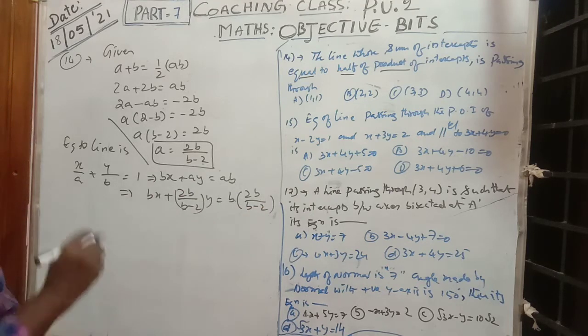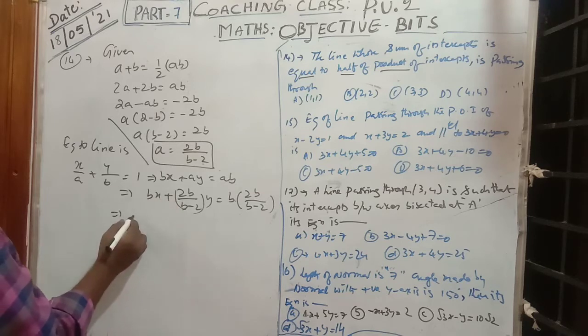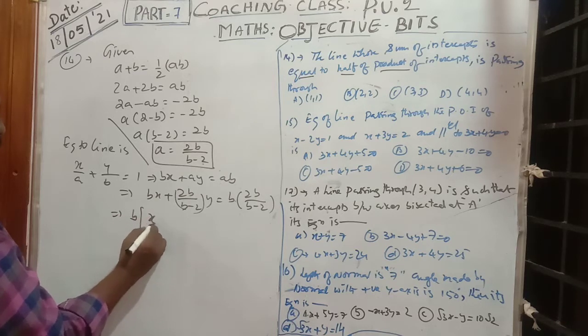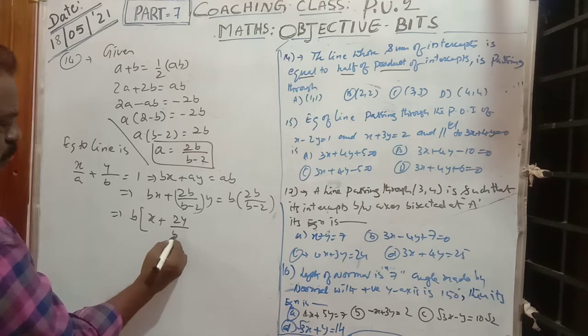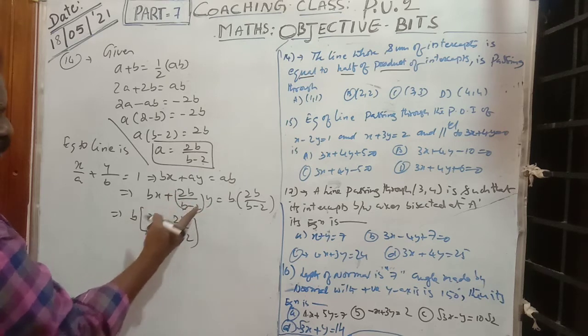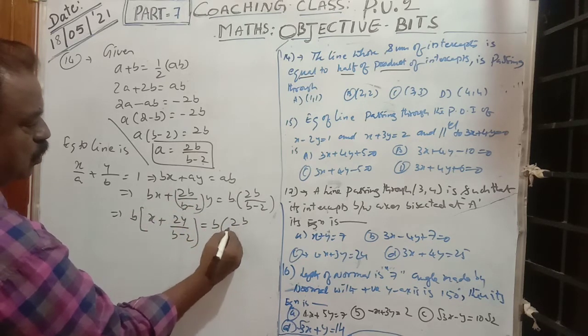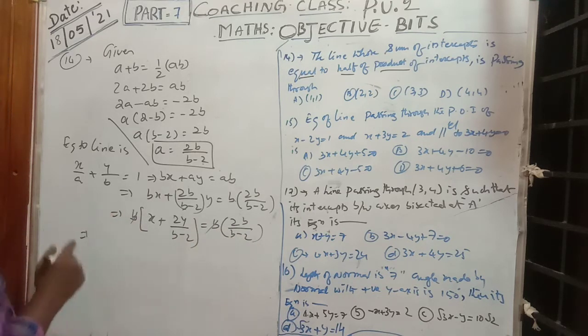That implies you take B as common. B of x plus 2y by B minus 2. Don't confuse, B is taken as common. x, here 2y is there by B minus 2 is equal to B of 2B by B minus 2. So B cancels. It is a number, not variable.